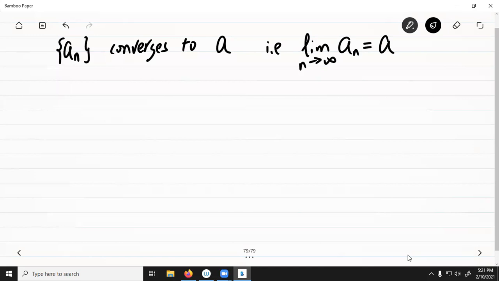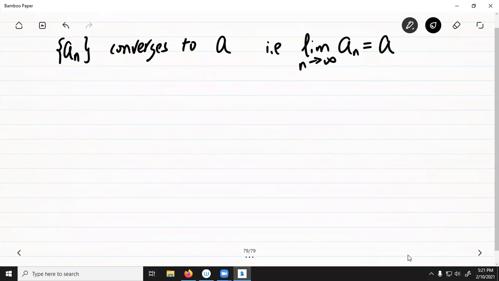It means when n is very large, all the a_n after that should be very close to A, or the difference between a_n and A is arbitrarily small if n is large enough. This is called convergent to that number.